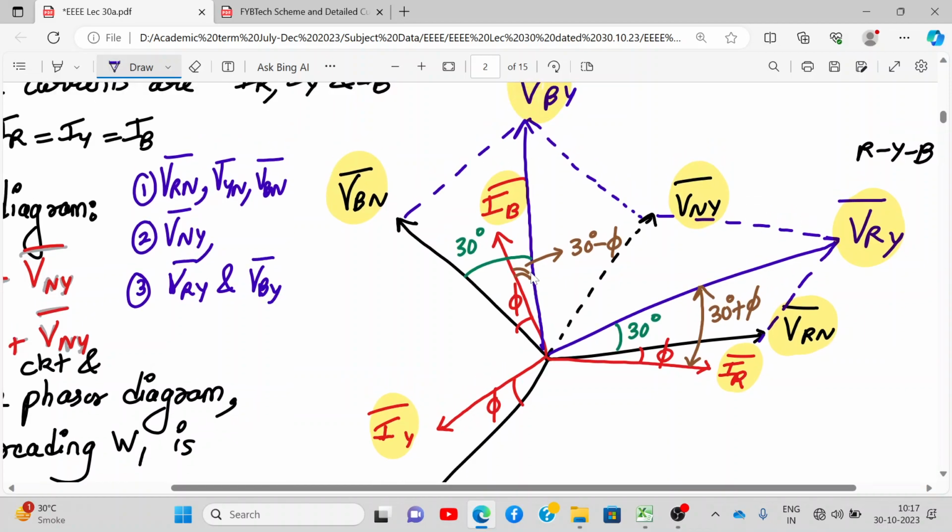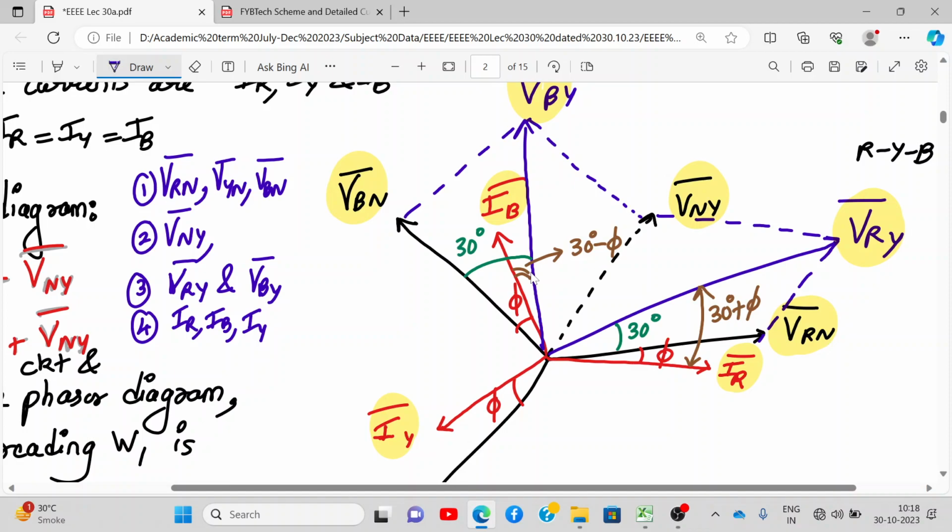So these are the resultant line voltages. Then you draw IR, IY and IB currents. Alright. Now, listen carefully here. What is the phase angle between a line voltage and a phase voltage?